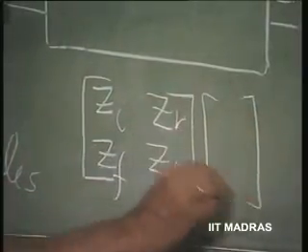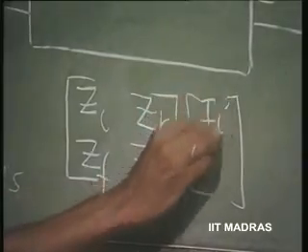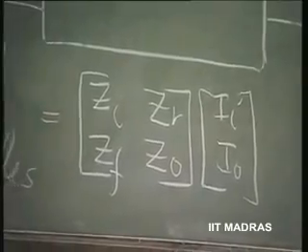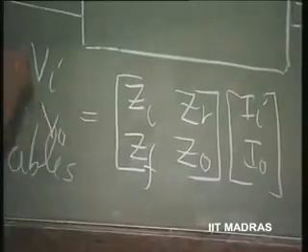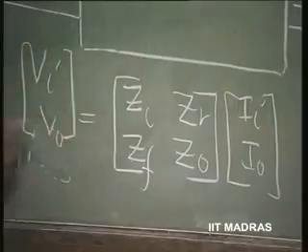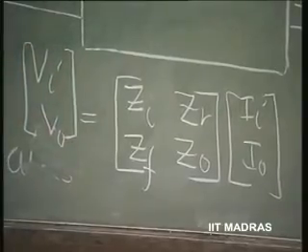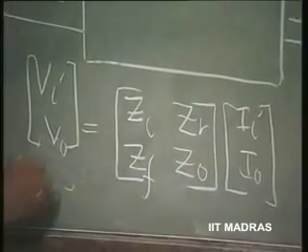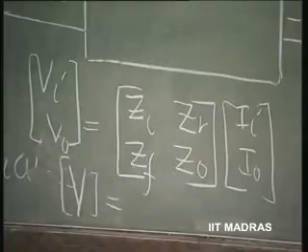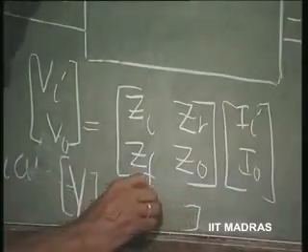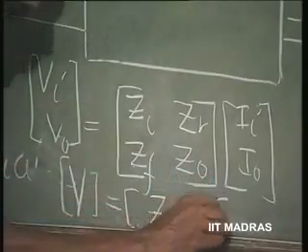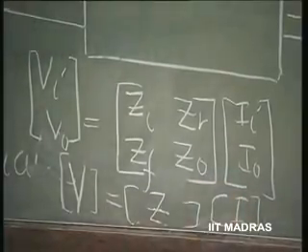Multiplied by I naught. This is equal to Vi, V naught. Or this could be also written as V column matrix is nothing but Z, the impedance matrix, into I, again a column matrix.